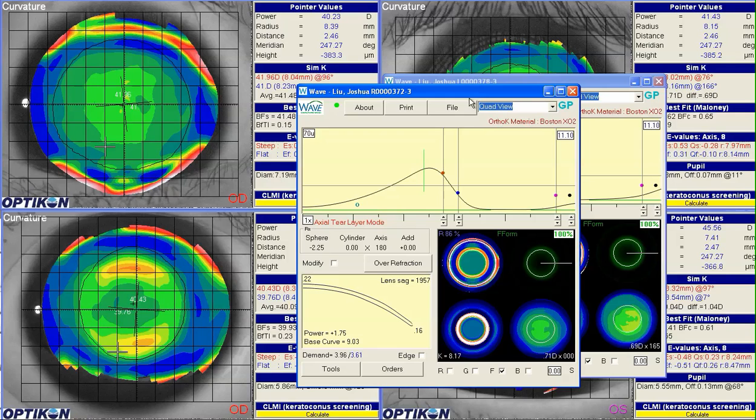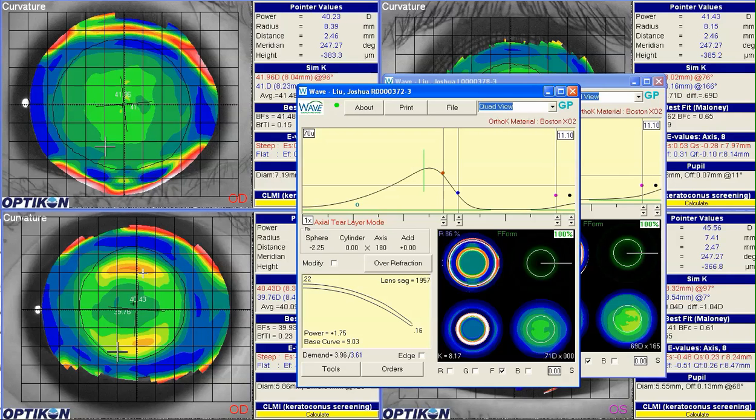Another clue is that even with the lenses on, the patient's taking a little bit of a minus over refraction. Unless there has been definite myopic progression in terms of axial length change since the initialization of treatment, there really shouldn't be any minus over refraction with the contact lens on, unless the patient is accommodating a little bit during the refraction.